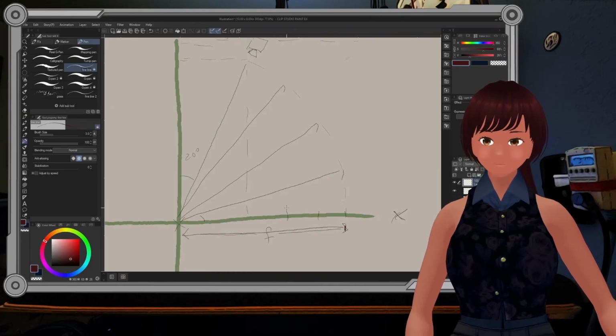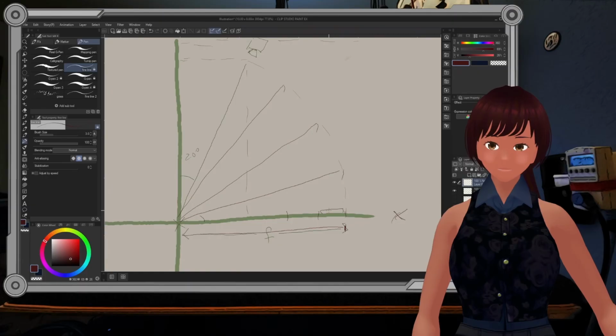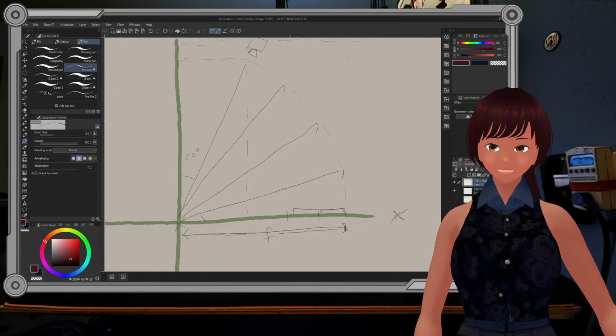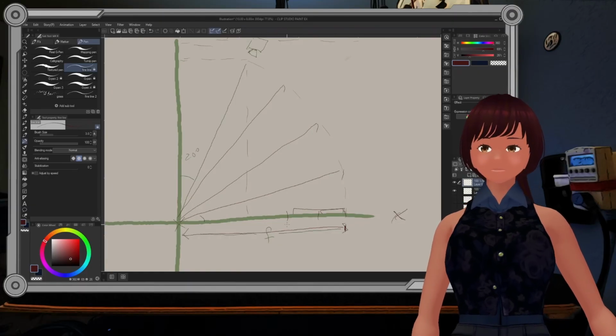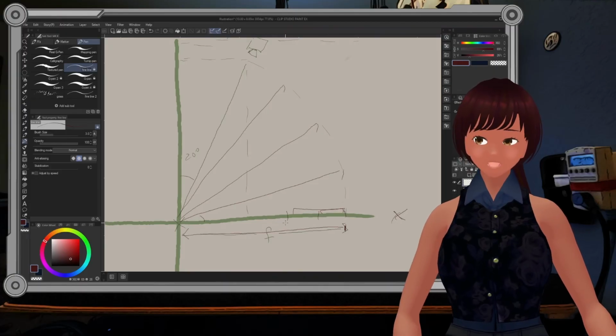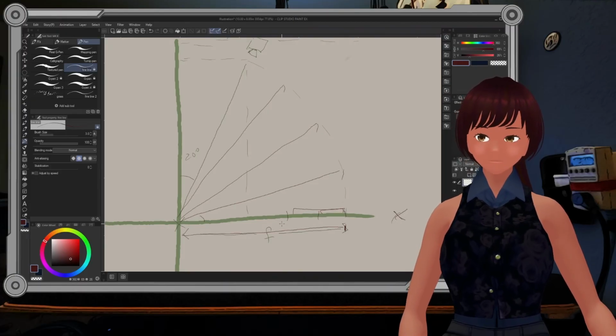And in order to figure out what these distances are, that it's becoming shorter, we have got to take the cosine of the angle.